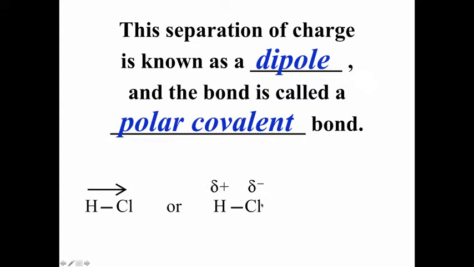And then delta minus is the atom that gets more of the electron density and gets a partial negative charge. And then we can also do an electron density map or diagram, and often these are color-coded. In this case, the blue indicates a slight positive charge, and the red indicates the side of the molecule with a slight negative charge.